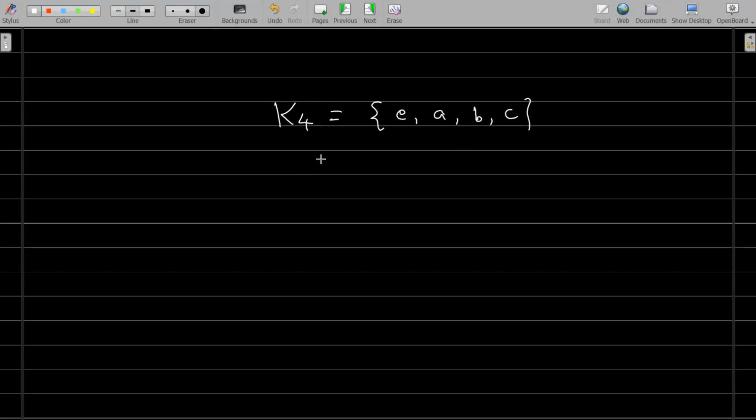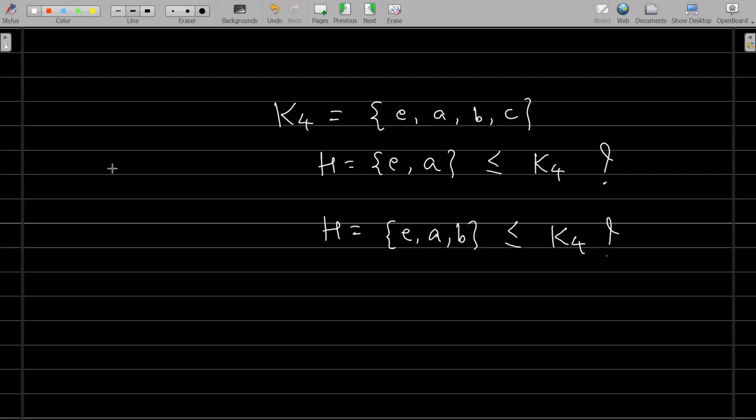Now, if I look at just say E and A, check whether this is a subgroup, or if I give you something like EAB, check whether it's a subgroup. You can form a table. If it is itself a group, that is a subgroup, right?